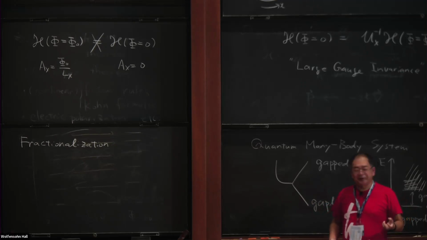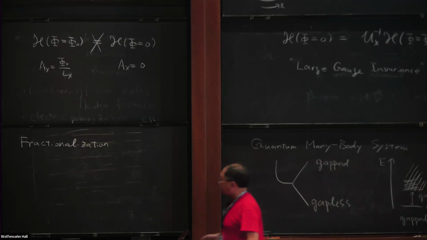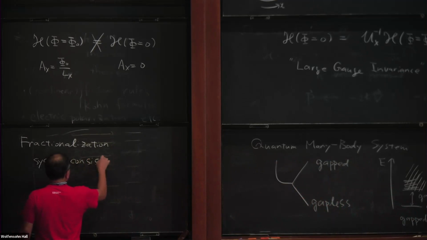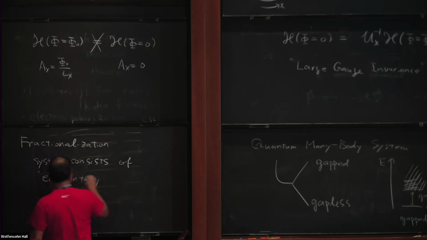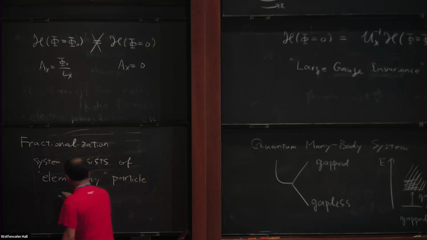Those collective excitations are often called quasi-particles. So in general, fractionalization means that you have a system that consists of elementary constituent particles like electrons with charge e.